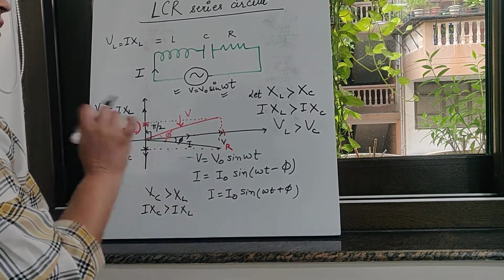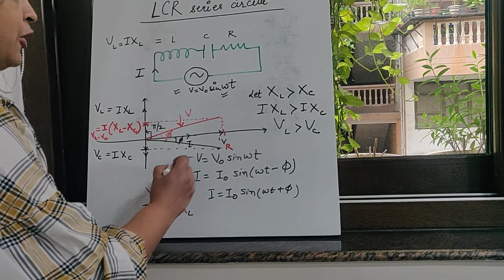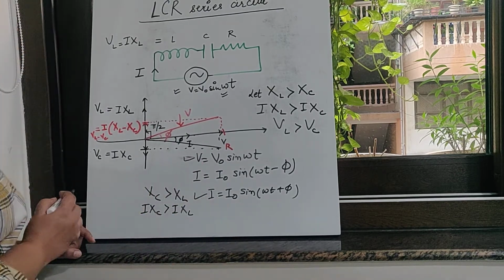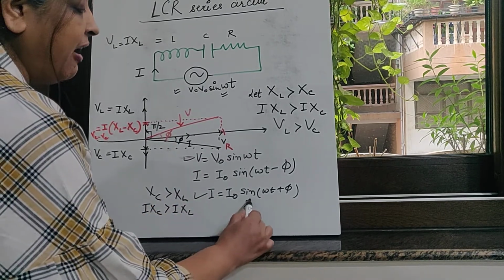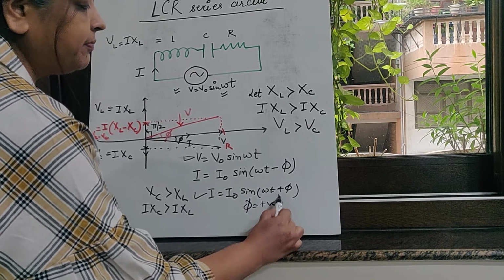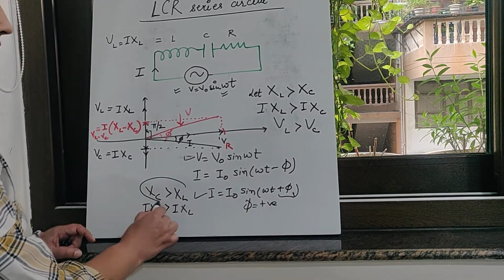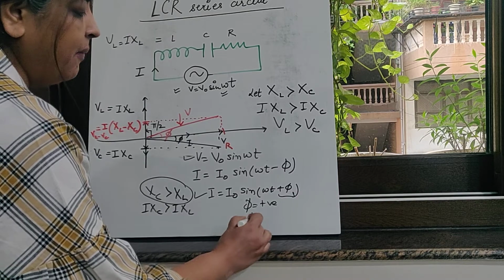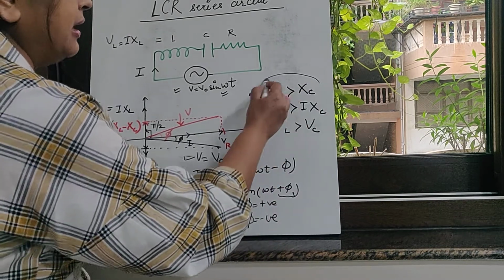So in general, we will use this expression and this expression and say that phi will be positive if this is the condition and phi will be negative if this is the condition.